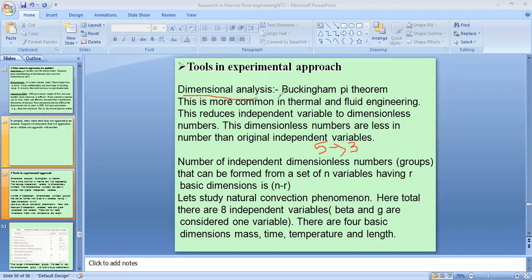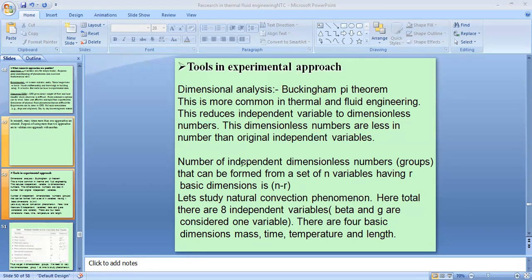There was a scientist, Buckingham, who gave the theorem called the Buckingham-Pi theorem. Here we can reduce the number of independent variables to dimensionless numbers. Suppose we have 5 independent variables, then we can convert them to 3 independent dimensionless groups. So the number of parameters that we vary gets reduced, and our experimental work gets reduced. Otherwise, it will become very hectic.